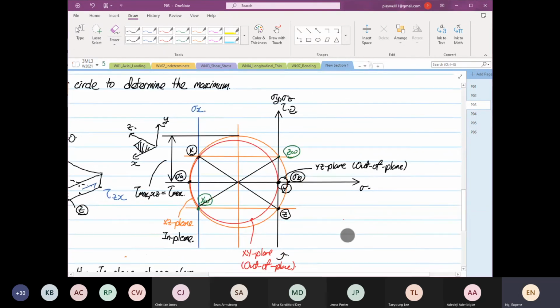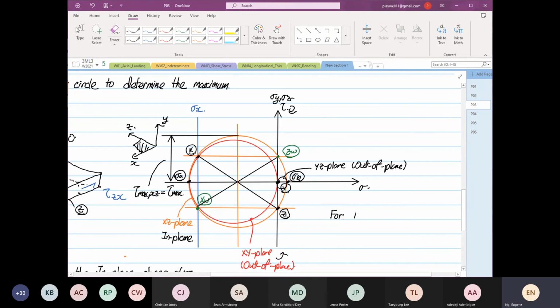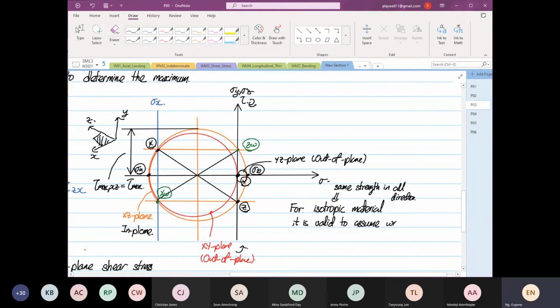So what I'm trying to say is, for homogeneous, isotropic materials, isotropic means same strength in all directions, it is okay, or it is valid, to assume the wrong shear stress direction in torsion only.